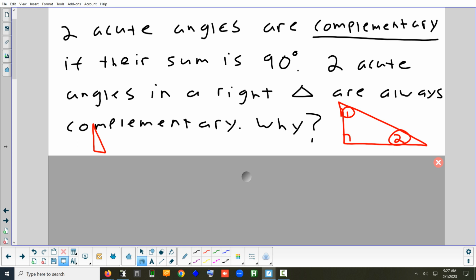It has to add up to 180. They all have to add up to 180. I'm not connecting it. So why are angles 1 and 2 complementary?